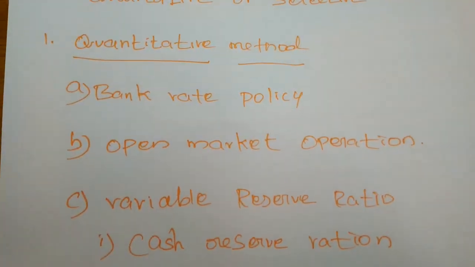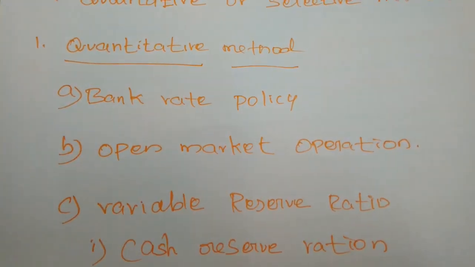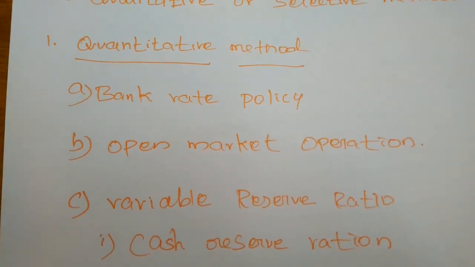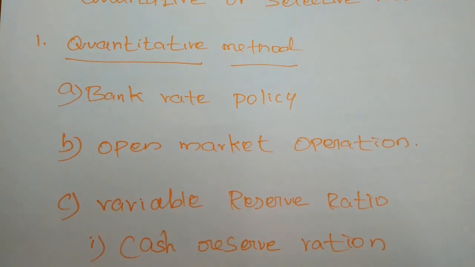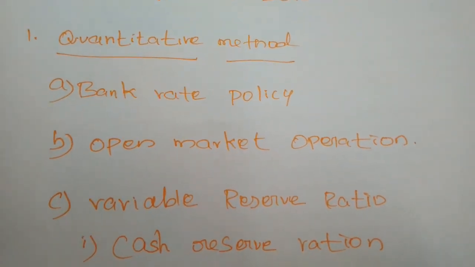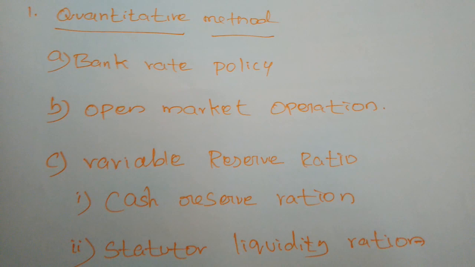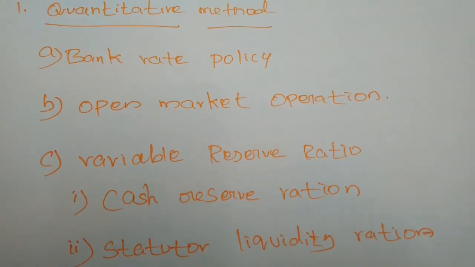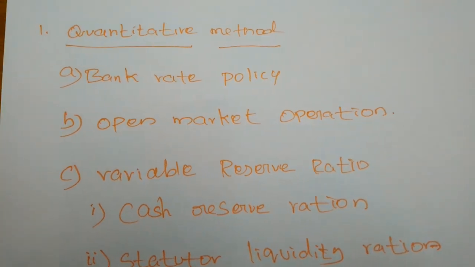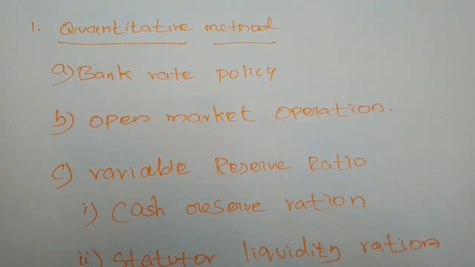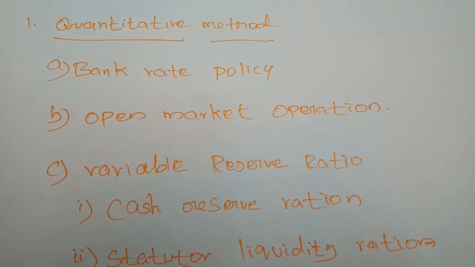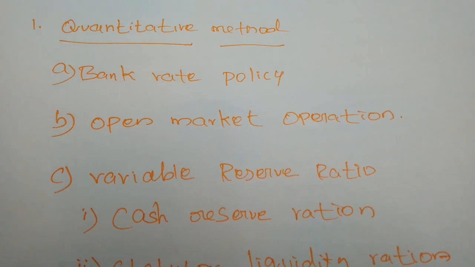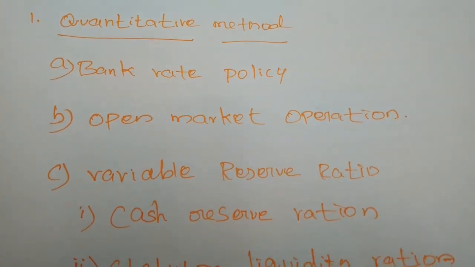On this ratio only, the commercial banks must provide the finance to the entrepreneurs. It means the bank is prepared to advance loans on approved securities to its member banks. As the central bank is the lender of the last resort, the bank rate is normally higher than the market rate. By determining the bank rate, the commercial banks also have limitations in providing finance to the entrepreneurs and others.